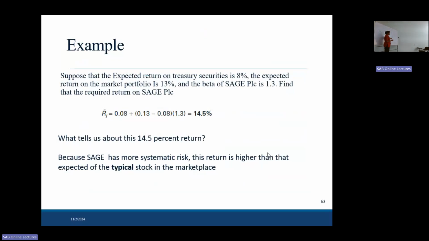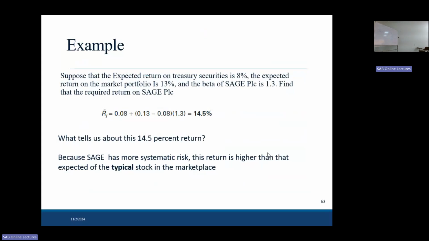Theoretically, that is the meaning. So that market risk premium multiplied by your beta coefficient is your risk premium.